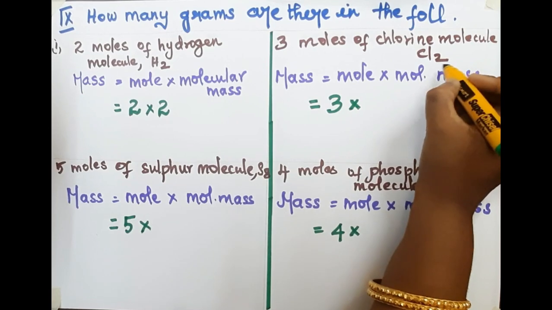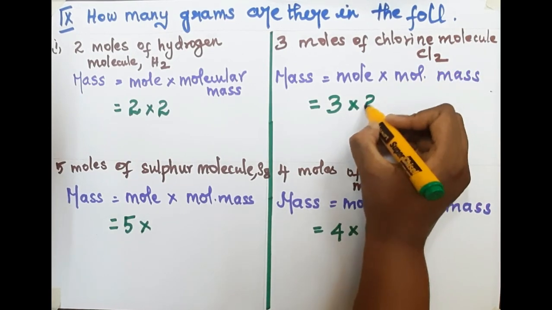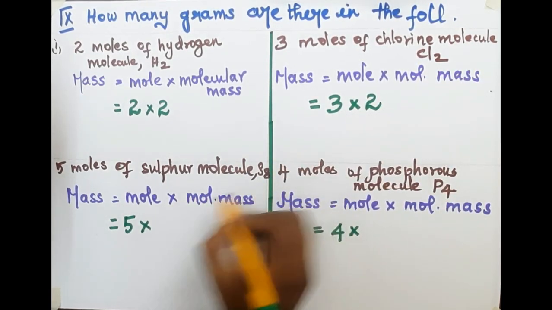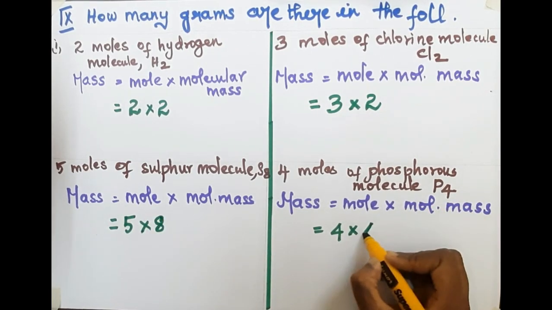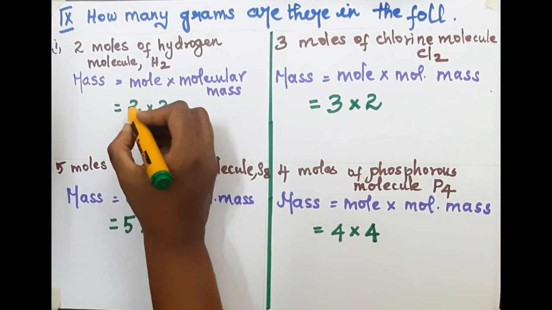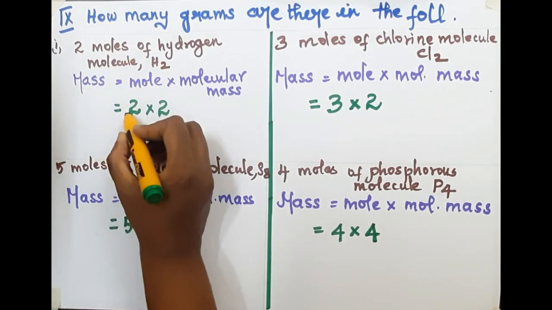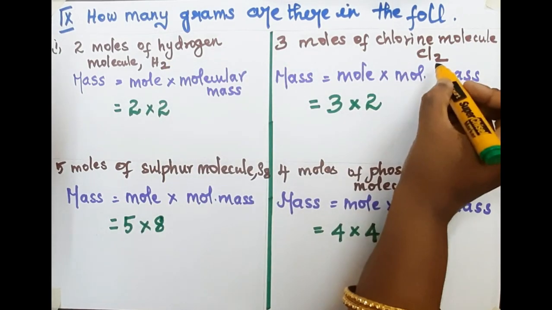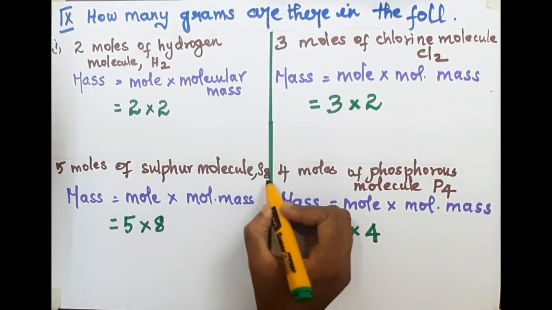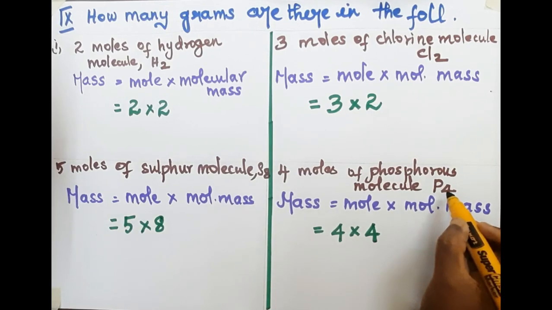How many atoms are there in the chlorine molecule? It is 2. Here it is 8, and here it is 4. Let me repeat: first you write the number of moles, multiply it, then you write the number of atoms. See here 2, 2. Here it is 8 and here it is 4.